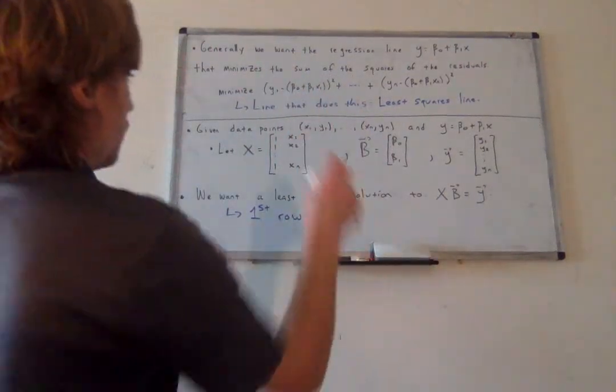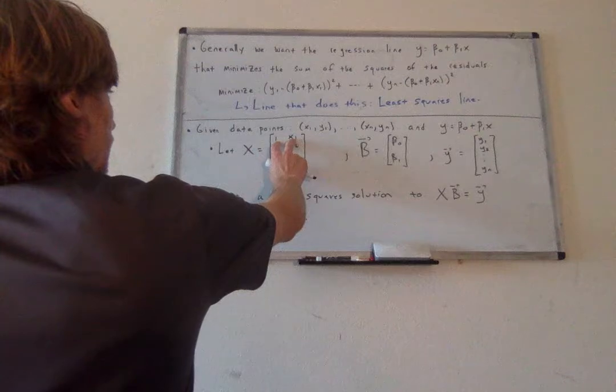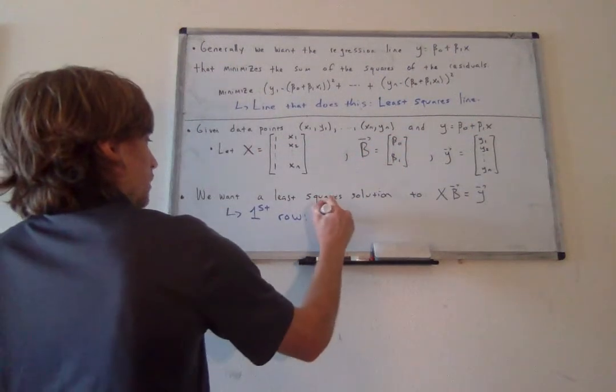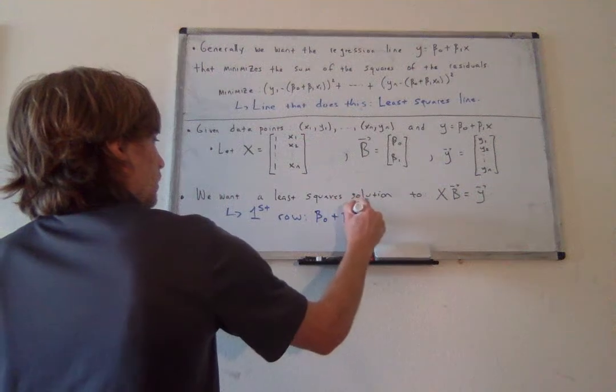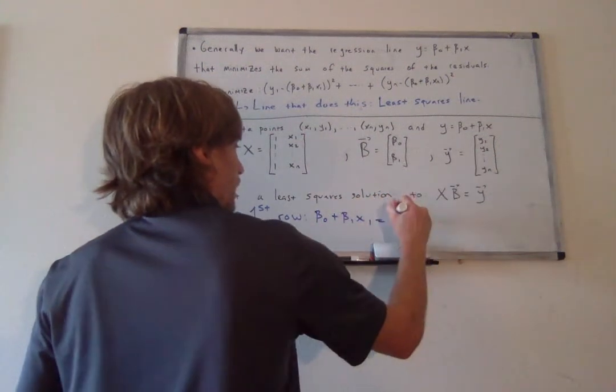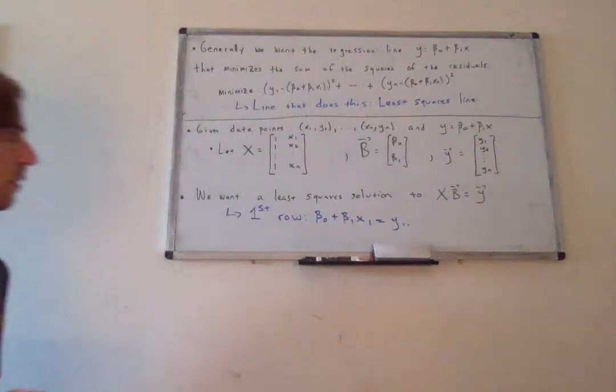If we do my matrix vector multiplication dance, I'm going to match up 1, x1 with beta naught, beta 1. And that should equal the first row on the right-hand side, which is y1.